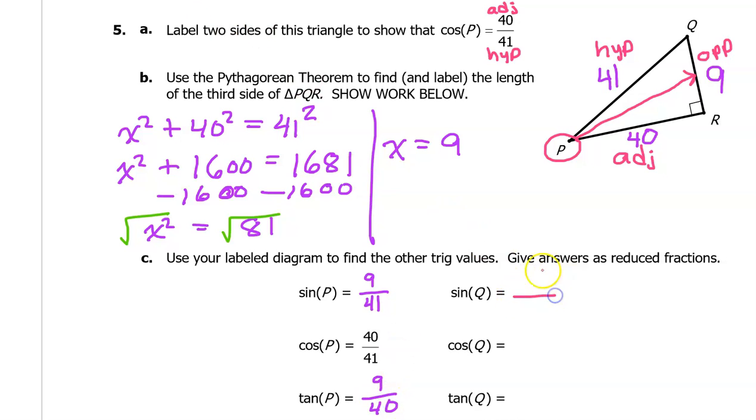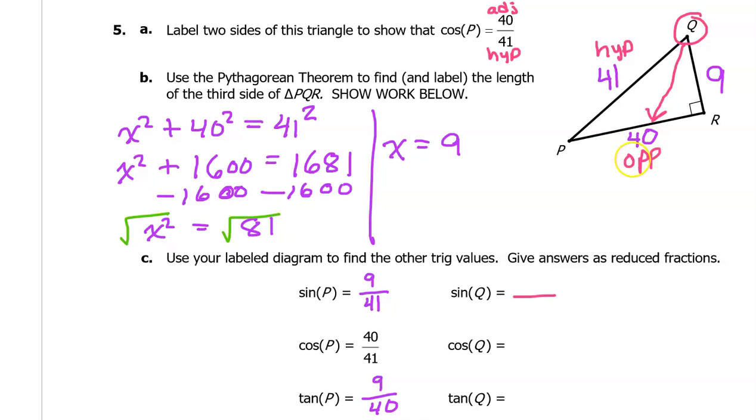And then the remaining problems involve angle Q. So we are going to have to change these labels up a bit. So I'm going to now circle angle Q. So here's angle Q. If you draw an arrow pointing away from angle Q, you're pointing to the opposite side.